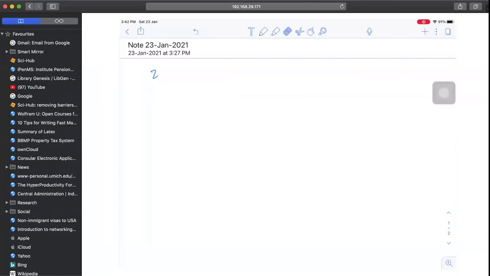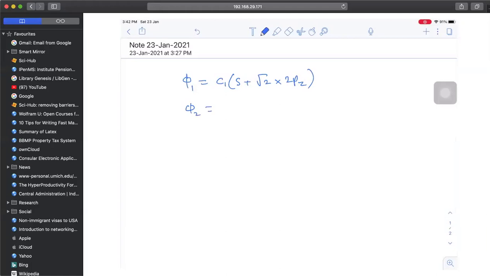So for assignment 10, question 1, part A is actually this. You are given phi1 equal to C1 times (2s plus root 2 times 2pz), and phi2 equal to C2 times 2s plus C3 times 2pz.